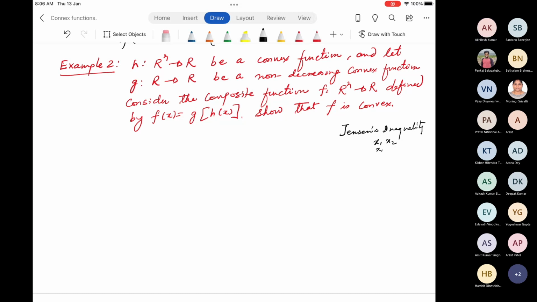So let's say I take 2 points x and y belonging to R^n, and define this point u as a convex combination of these 2 points. Good so far?